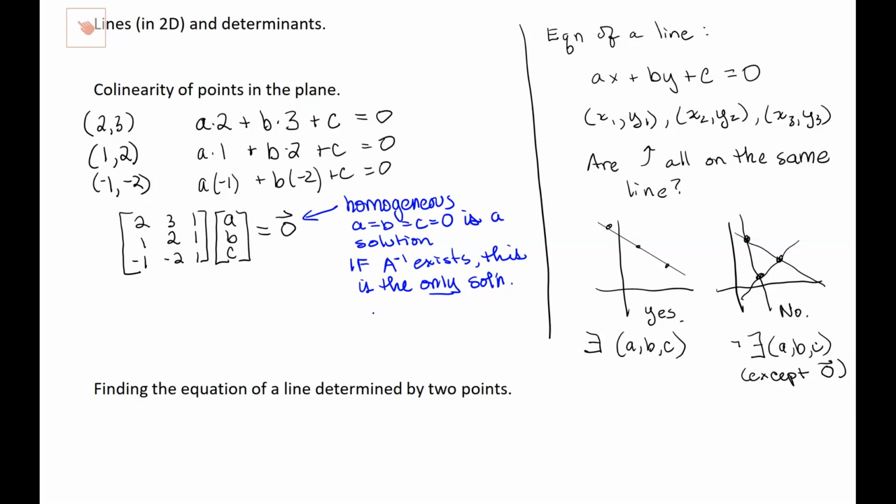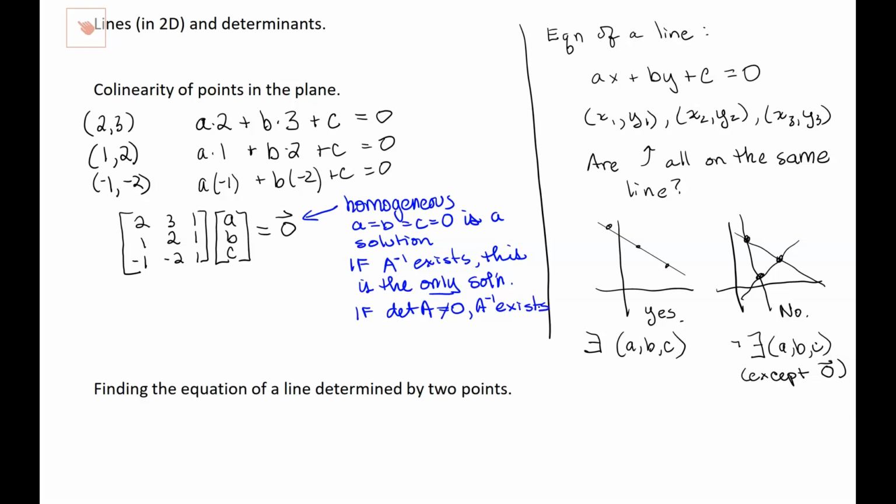And if A has an inverse, then the answer is no, because the only way we can make our equation true is by having a, b, and c equal to 0. So what we're interested in knowing is whether or not the inverse exists, and we can determine that by just computing the determinant. Because if the determinant of A is not equal to 0, then A inverse exists.